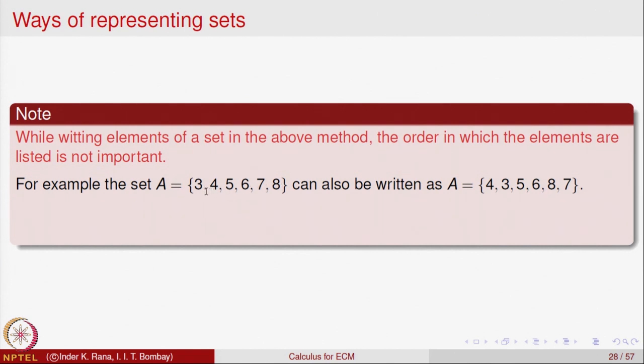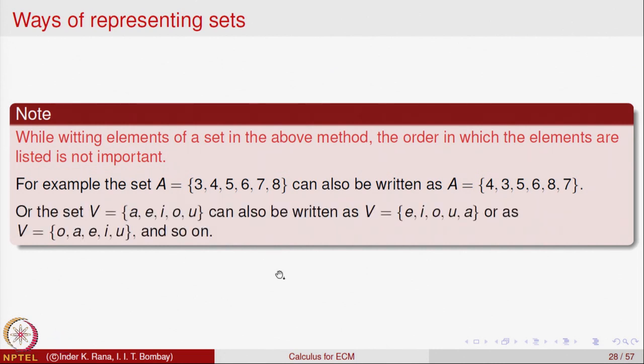All members are equal. We are not saying this is the first member, this is the second member, 5 is the third member or so on, of the set. You could have written this set also as 4, 3, 5, 6, 7, 8, okay, or 8, 7, whichever way. So, the order of the elements when you are describing is not important. They all should be written and only once, that is what it says.